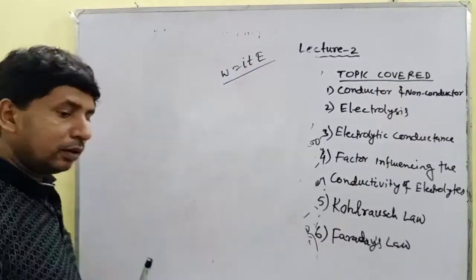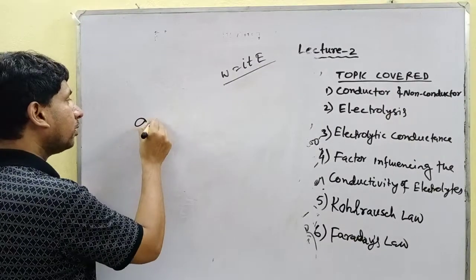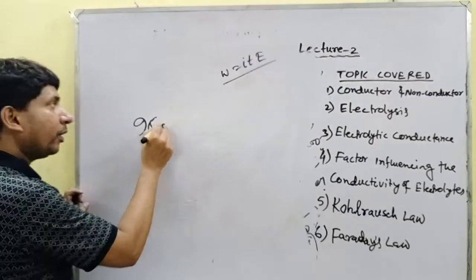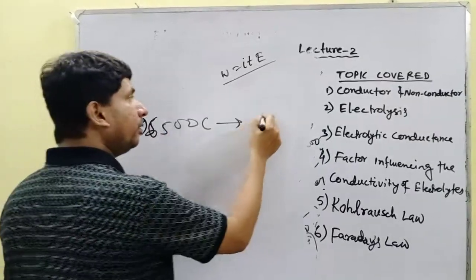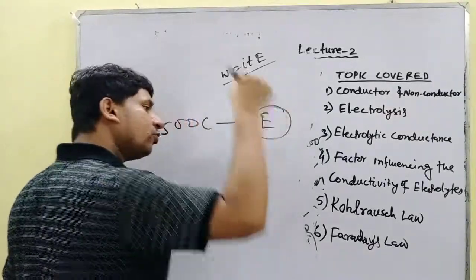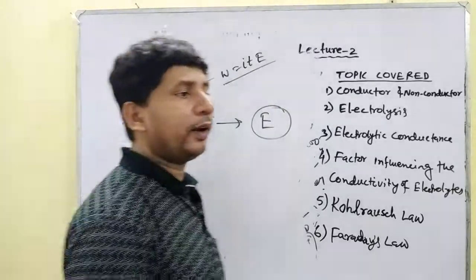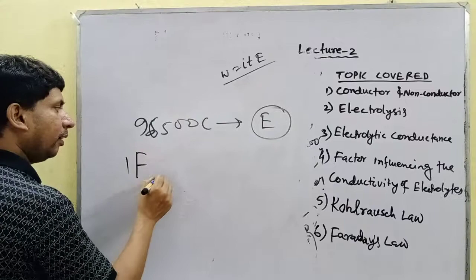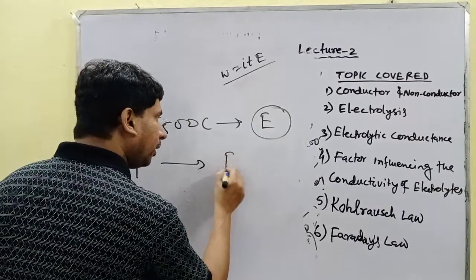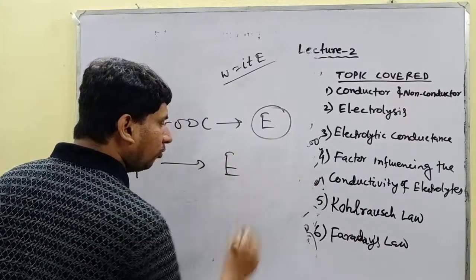When 96500 coulomb charge is carried, then the equivalent amount of substance will be deposited at the cathode or anode. That means when 1 Faraday is passed, an equivalent amount of substance is deposited.